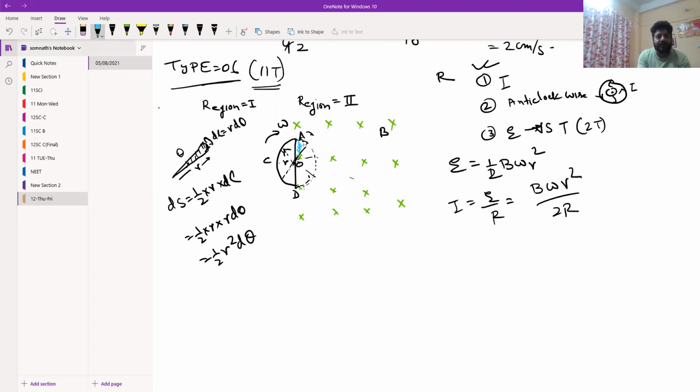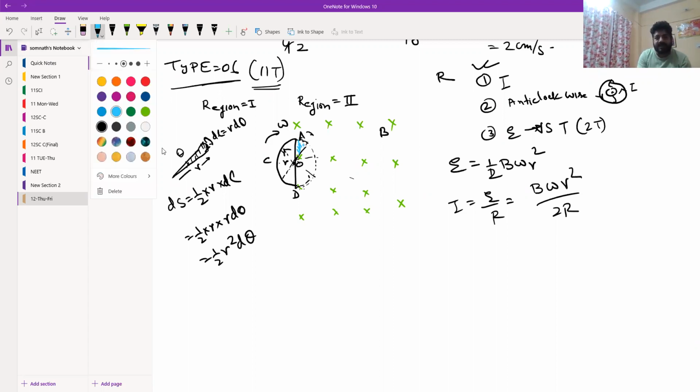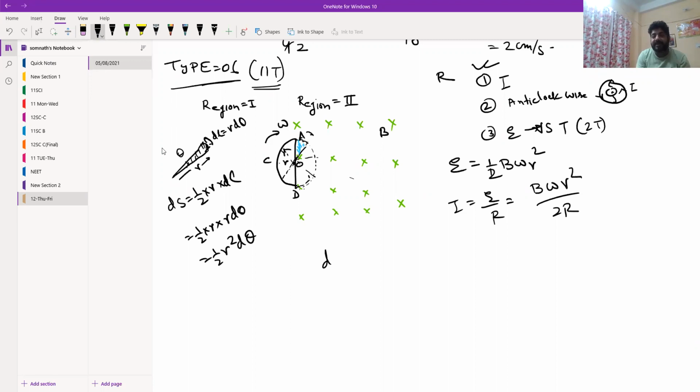So if I want to calculate the change in flux for that part, change in flux, sorry, magnetic field into area dS.